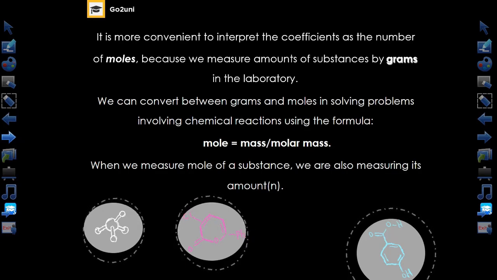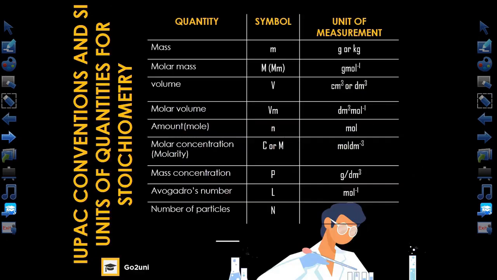Let us take a look at some quantitative measurements and their units that are of utmost importance in stoichiometry. Some of these quantities are mass, molar mass, volume, molar volume, amount, which is mole, molar concentration, mass concentration, Avogadro's number, and number of particles.